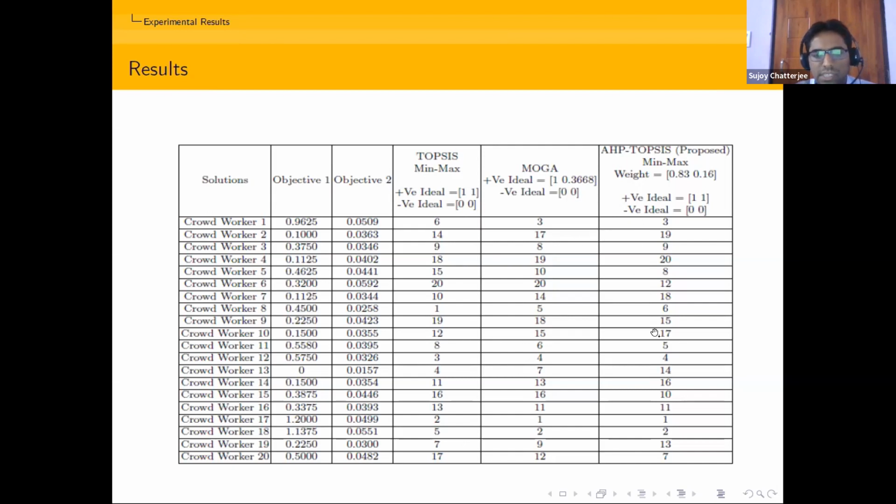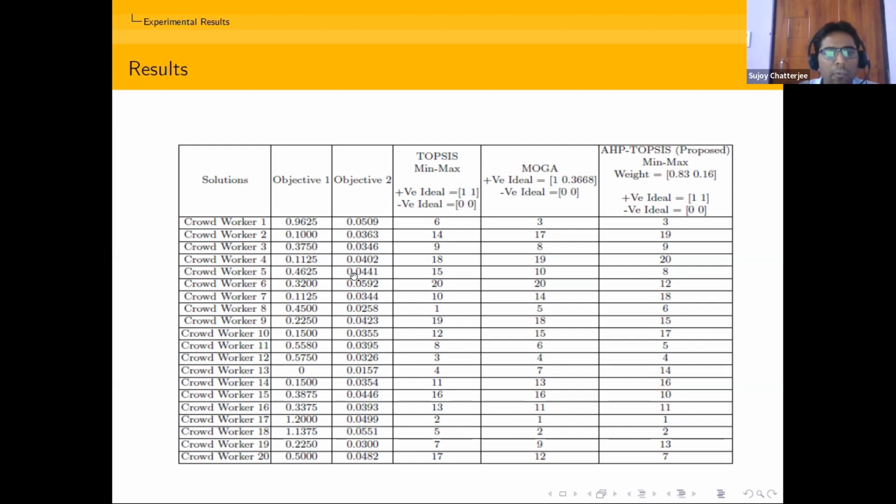If we use the AHP-based TOPSIS model, 14 is the ranking here. Here we see the highest coverage, 1.1375, and this is the deviation from the mean, 0.551. So the coverage here is not the highest. The highest is basically 2, but although this coverage is so good, here it is 5.